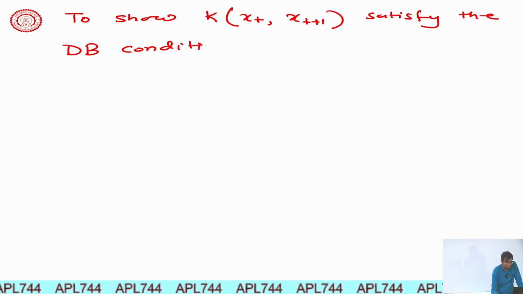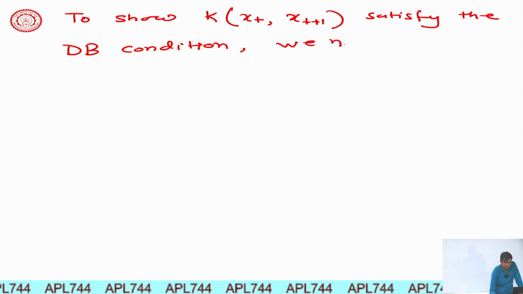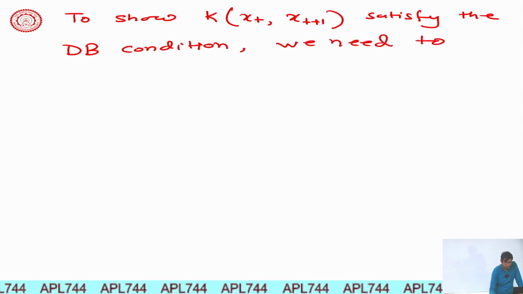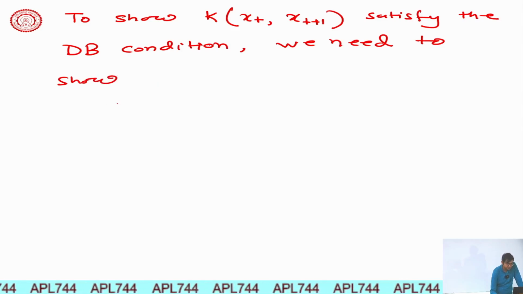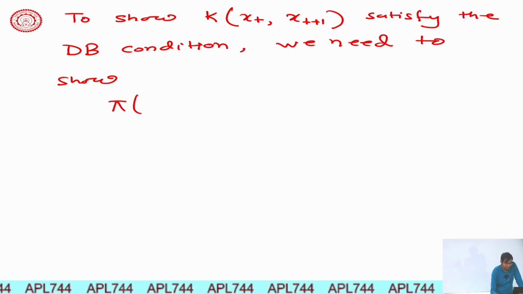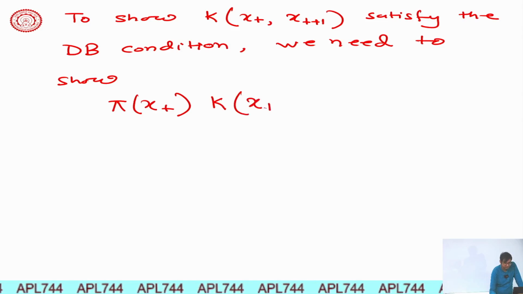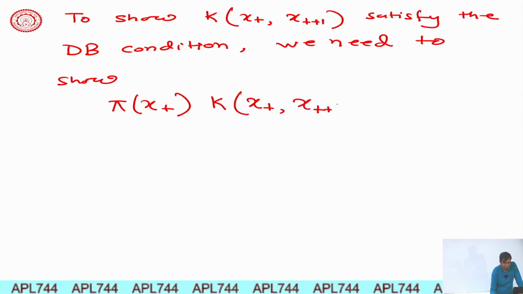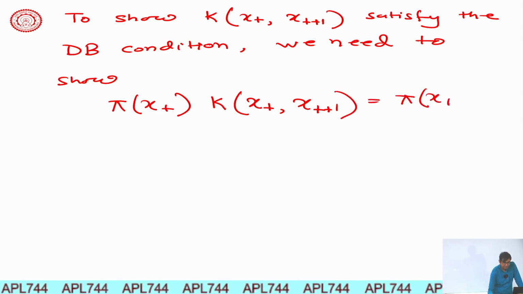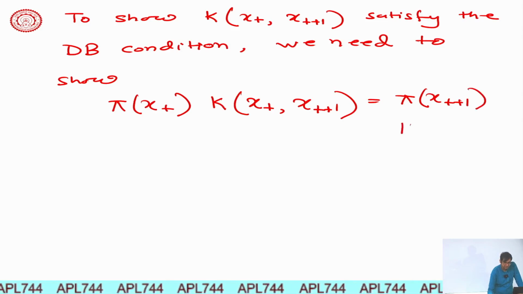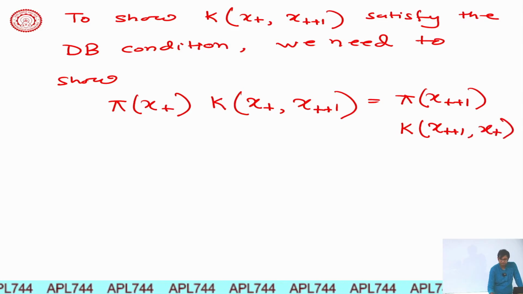And what is the dB condition? We need to show the exact dB condition, which is pi of xt multiplied by k of going from xt to xt plus 1 is equal to pi of xt plus 1 multiplied by k of going from xt plus 1 to xt.